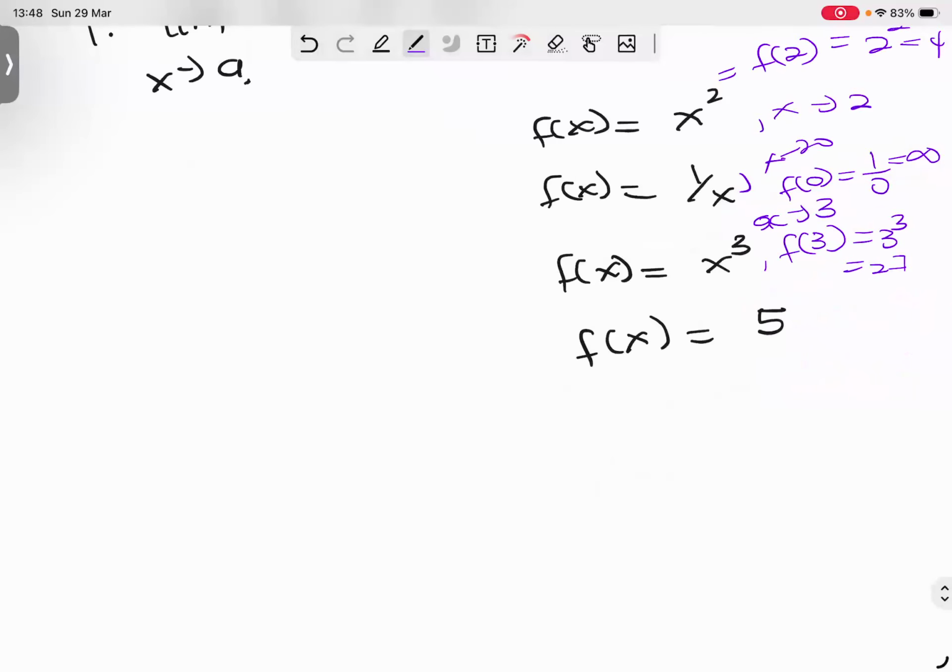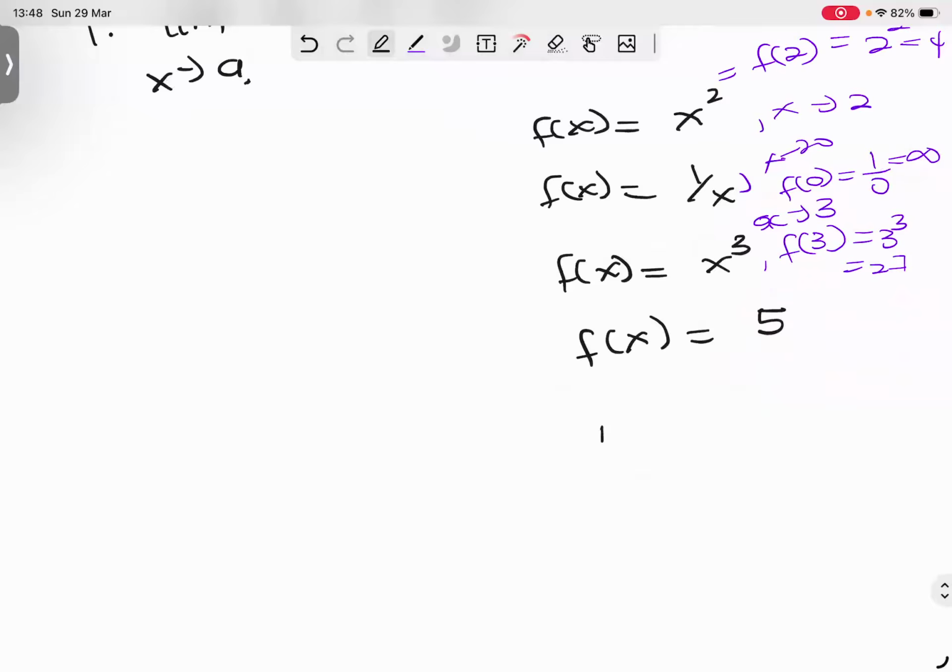But in the constant rule or constant property, the function under consideration is just a number. It has no variable attached. The shortcut that we have realized so far is wherever we see x, we put the value that x is approaching in there.